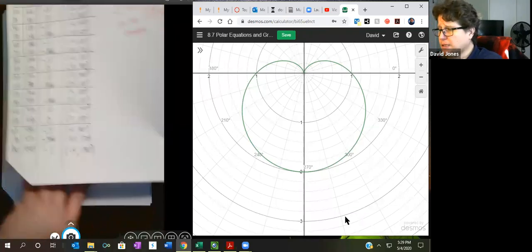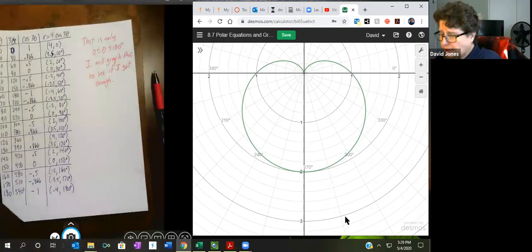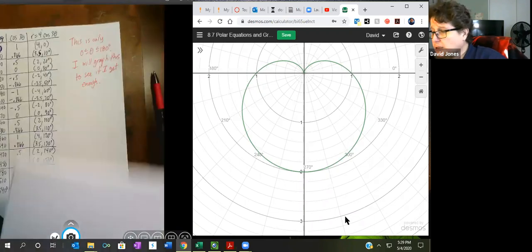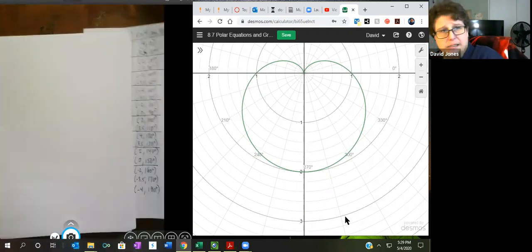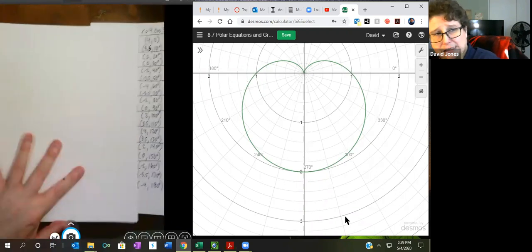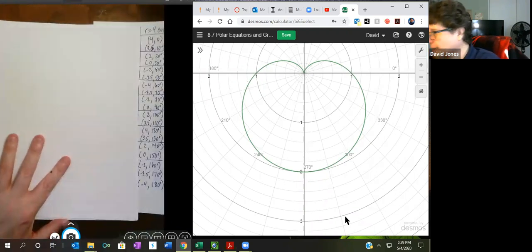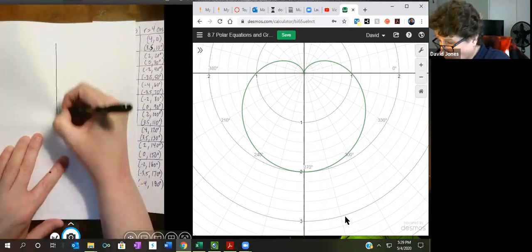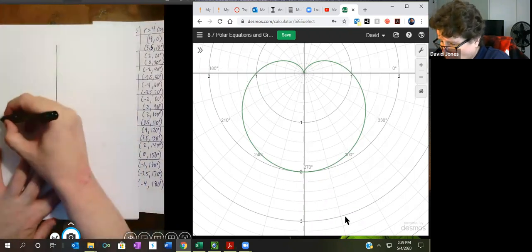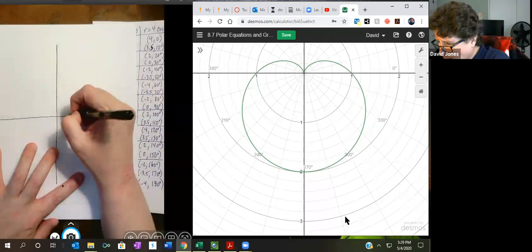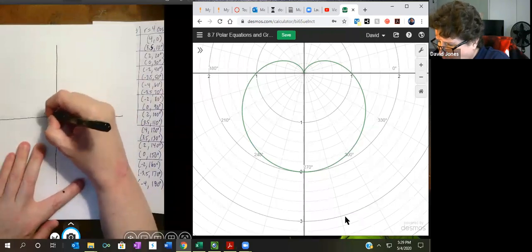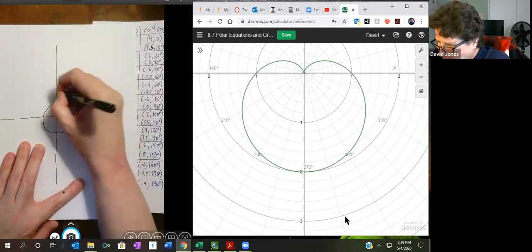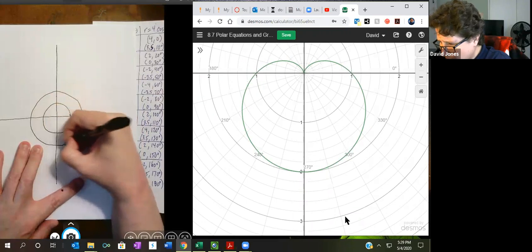So I'm going to do this on another piece of paper where I can make this graph bigger. It looks like the radius only goes as big as 4 circles. So I'll put my chart over there. I'll make 4 concentric rings, and try to make it bigger so it's easier to see.